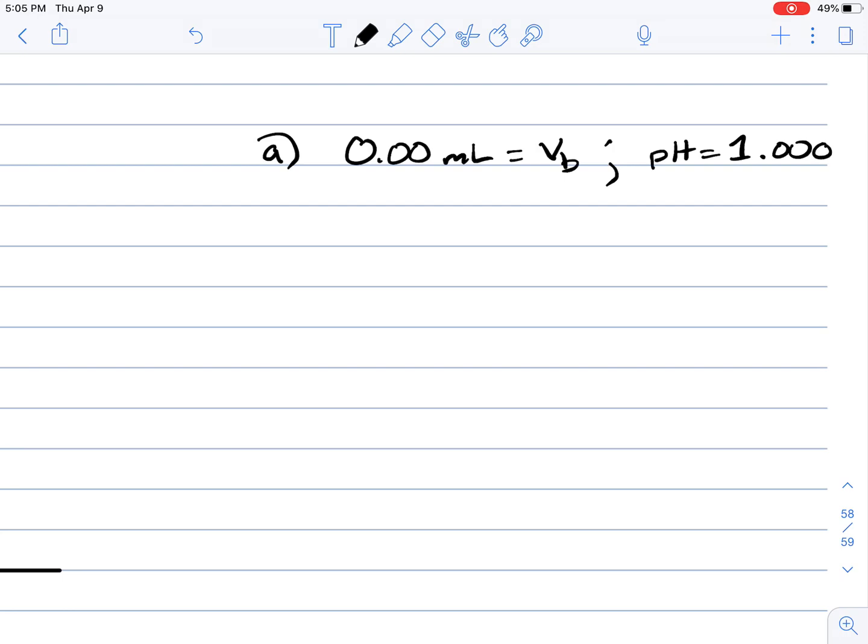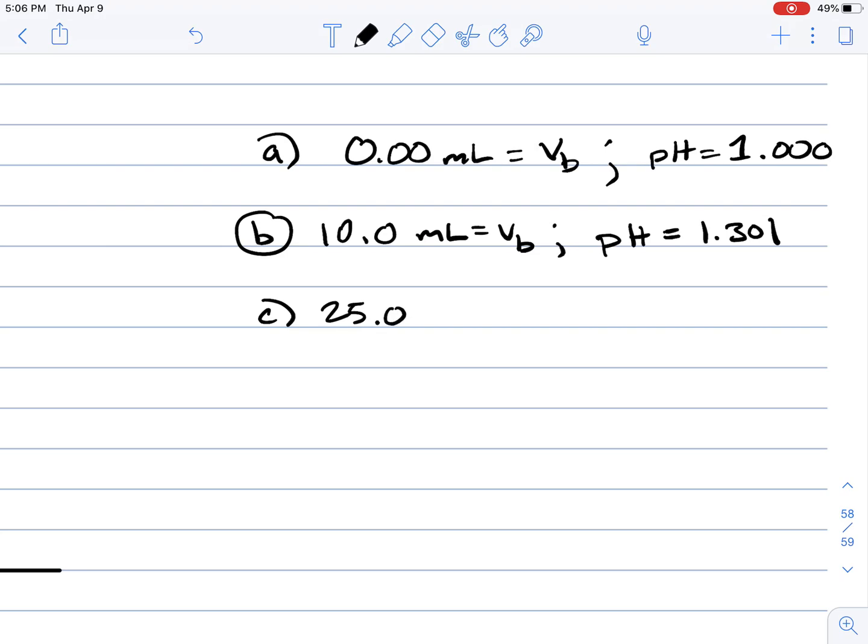I can't remember. And so for part B, we added 10 mils of the base of the titrant, and that gave us a pH of 1.301. Now for part C, we added 25.0 mils of the base.